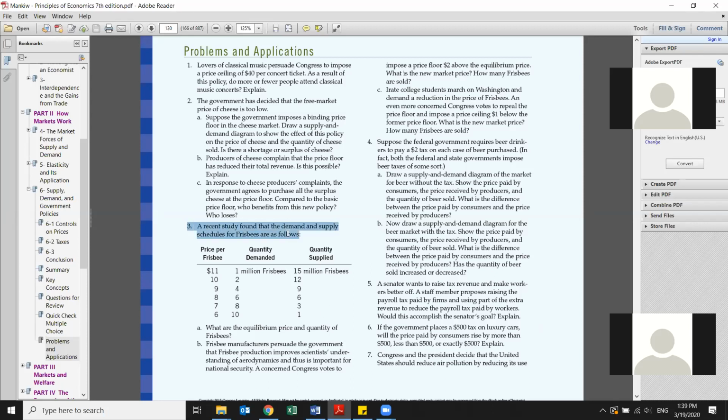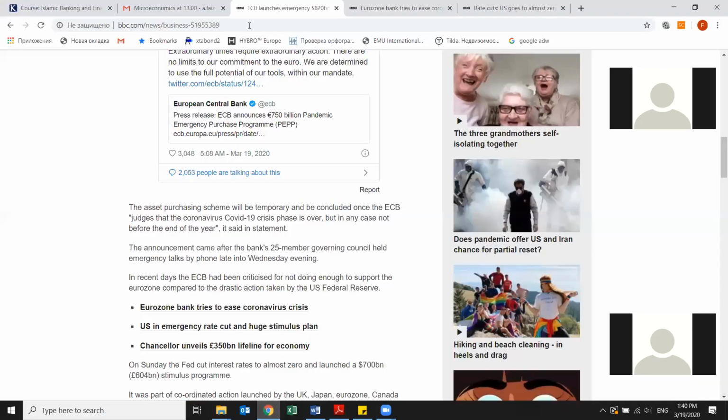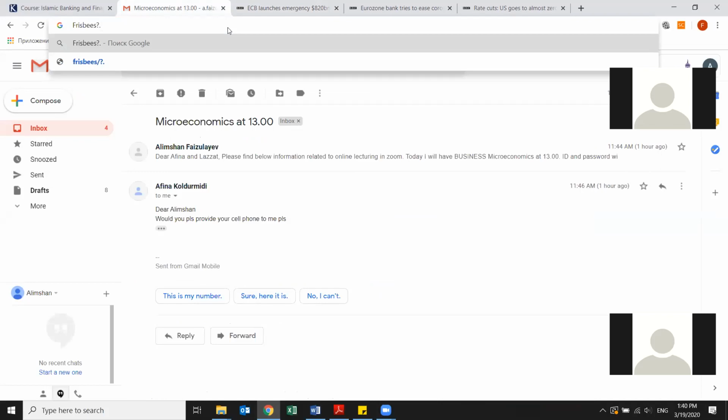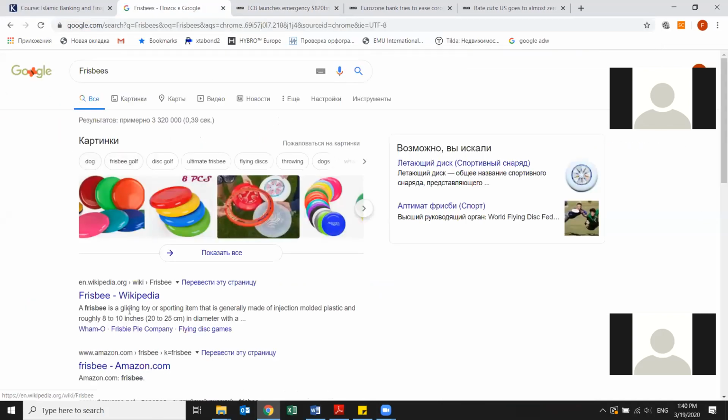Do this question number 3, A and B, C. If you don't know what a frisbee is, it's a sport item. Just want to show you what a frisbee is. You're throwing it, it's a type of sport, frisbee, okay?